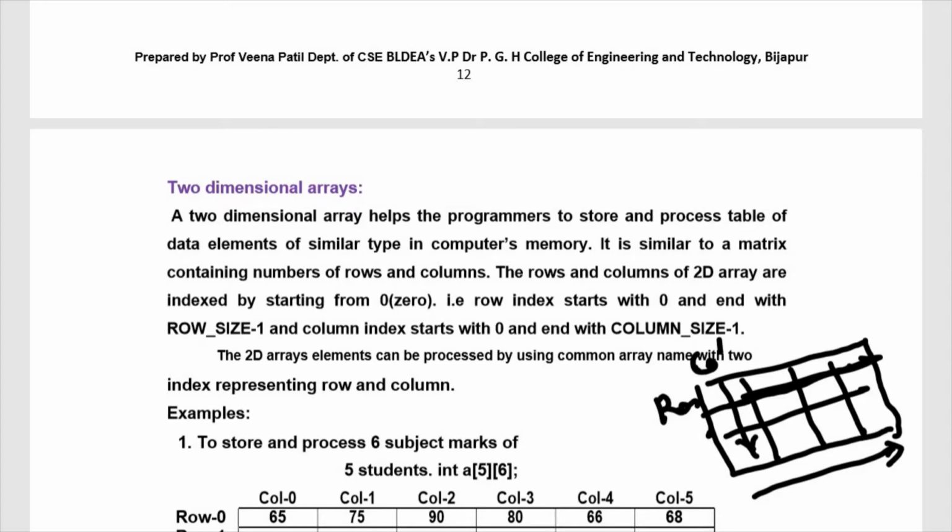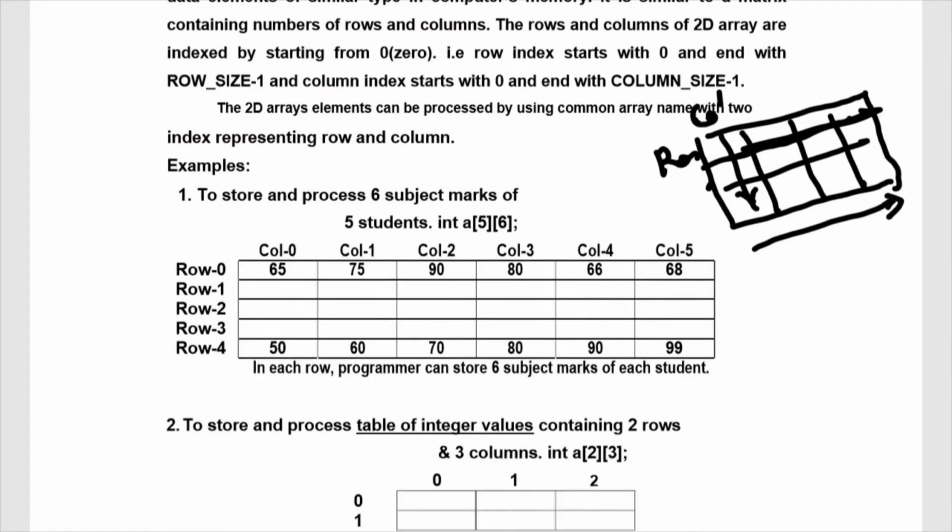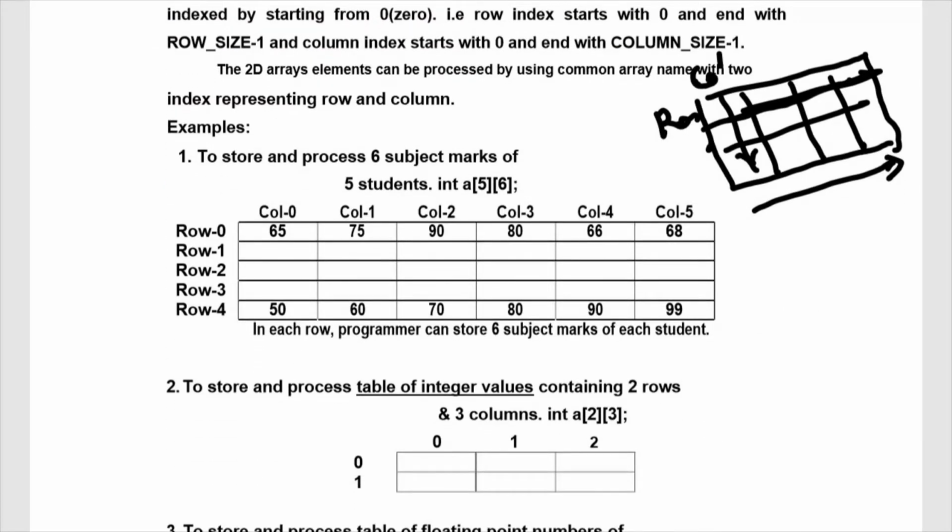So if a programmer wants to store values in a tabular form or matrix form, we can use a two-dimensional array so that I can read or handle the data systematically.